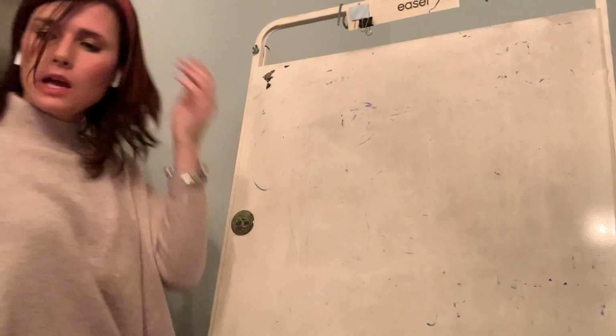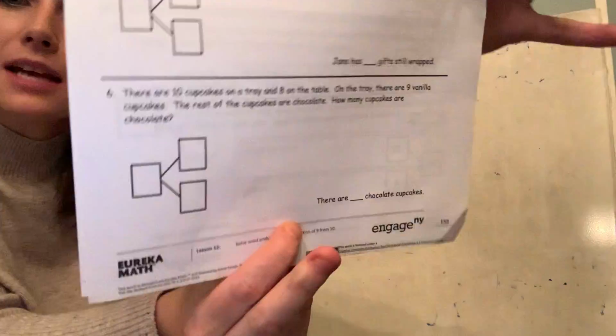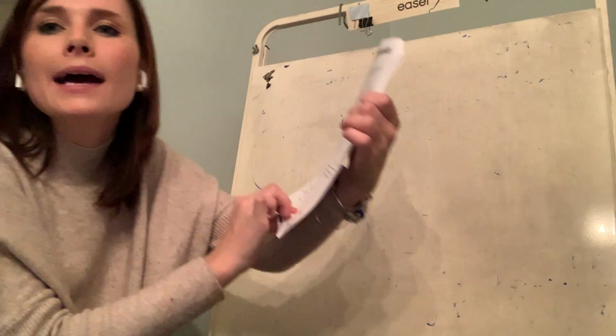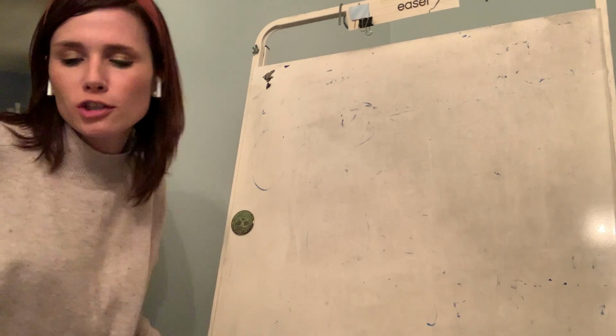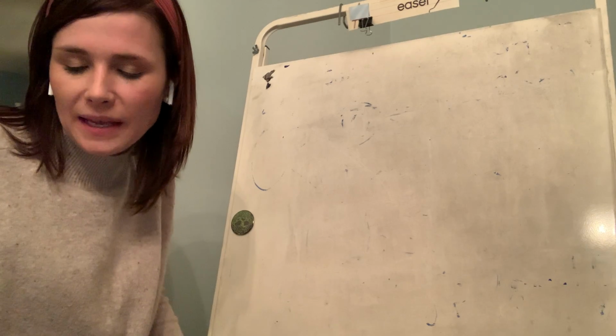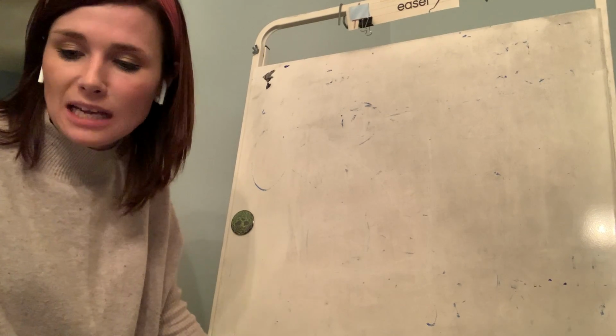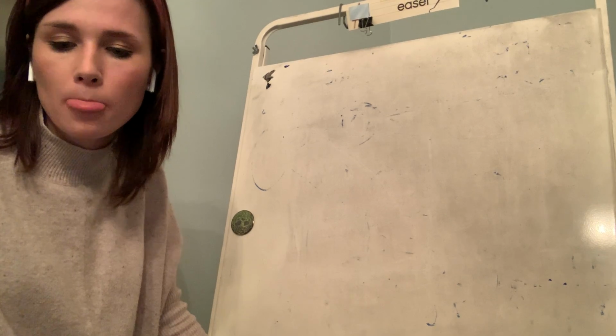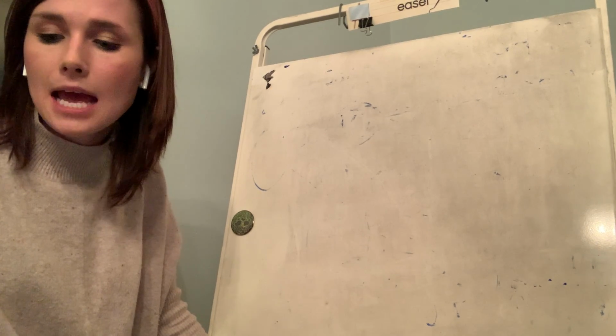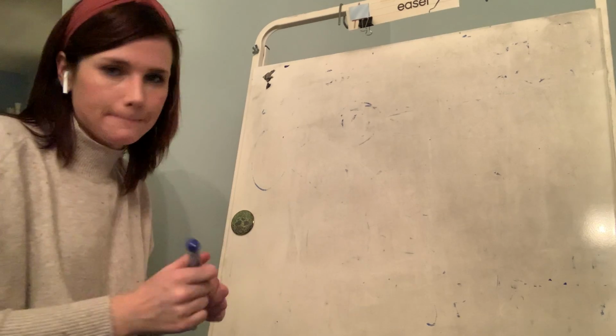Number 6 is about cupcakes. Yum. Cupcakes are delish. There are 10 cupcakes on a tray and 8 on the table. On the tray, there are 9 vanilla cupcakes. The rest of the cupcakes are chocolate. How many cupcakes are chocolate?